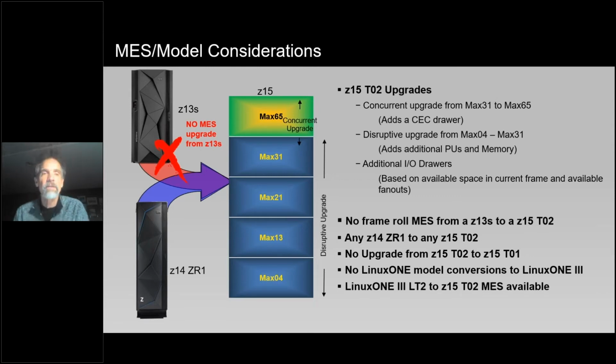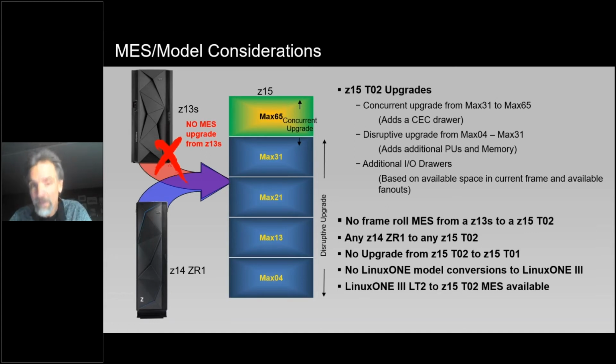That doesn't really lend itself to being able to be MES, but you can still do a migration offering, which is basically what most folks are doing these days anyway. You bring in a whole box configured for your requirements, and it's priced accordingly to make that a favorable option for you. Of course, the Z14, based upon a rack technology, has both MES and migration offering available to it. You can see what they can upgrade to.